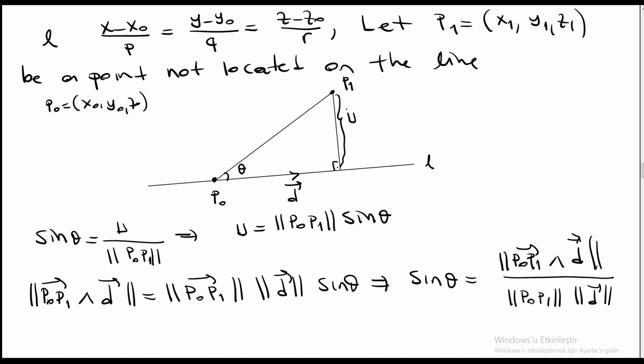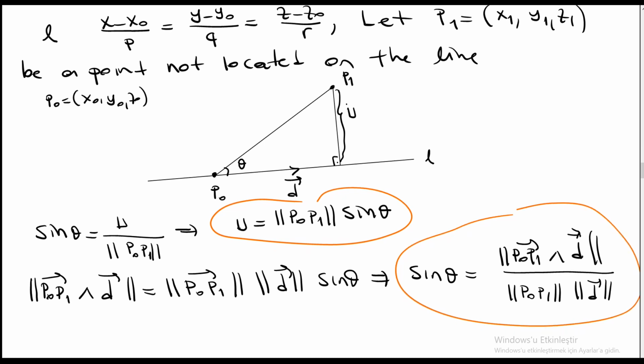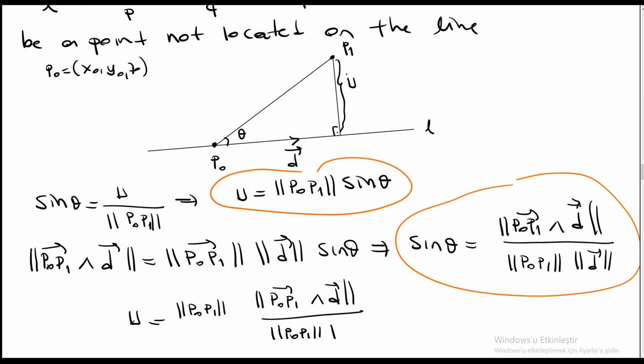So now we have this one and this one. So put the last one into the first equation because we are looking for the distance u. So we have u equals P sub 0 P1 times P sub 0 P1 cross product D over P sub 0 P1 D. So these cancel each other and then we find u.